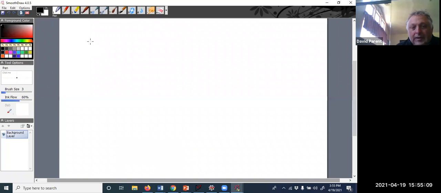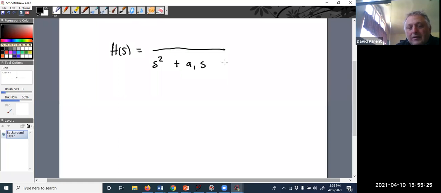So most people draw the schematic correctly, but somehow they don't do H of S correctly. And really, you've got to have it in this form, all right? Or it's impossible to evaluate. And it doesn't have to be A1, right? That'll be R over L, or it'll be 1 over RC.